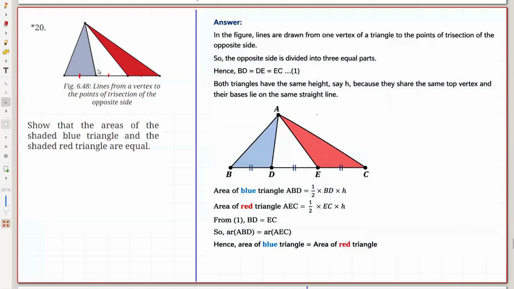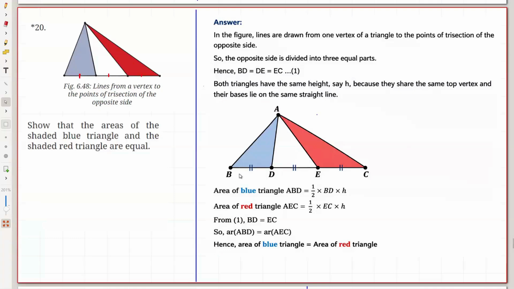I'm just taking the triangle and naming it A, B, C, and D, E. You can come to this diagram: A, B, C, D, E. It is given that the lines from the vertex go to the points of trisection, so dividing into 3 equal parts.